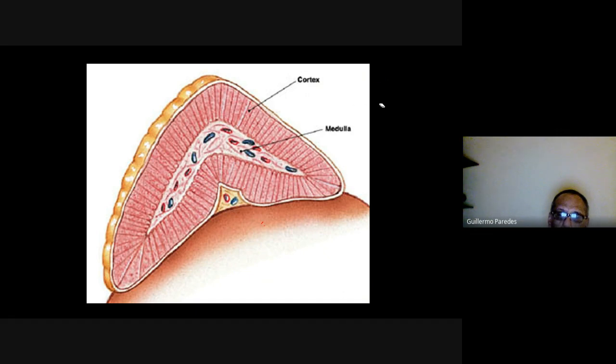The medulla is going to have two substances, two neurotransmitters. I'm going to put the medulla here. The medulla is going to produce the adrenaline. That is where it's coming from, the adrenaline, the fight or flight, and the noradrenaline. You need to remember those names.